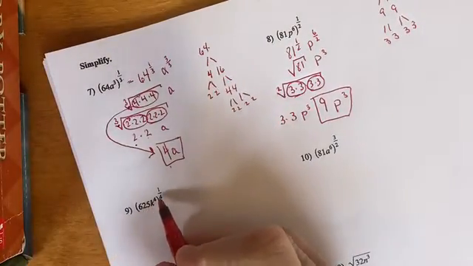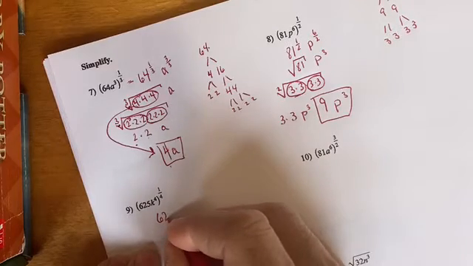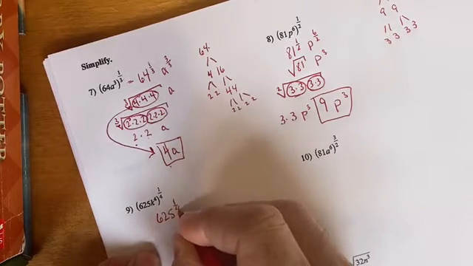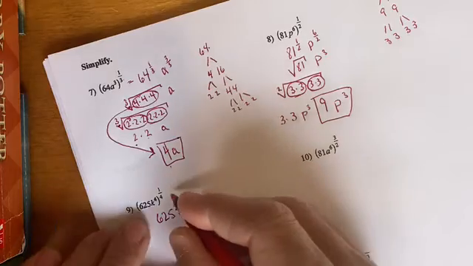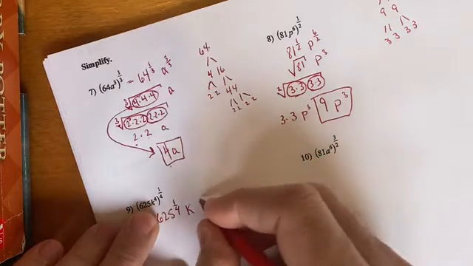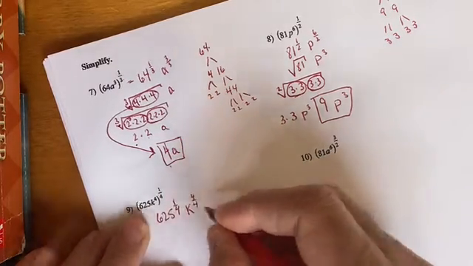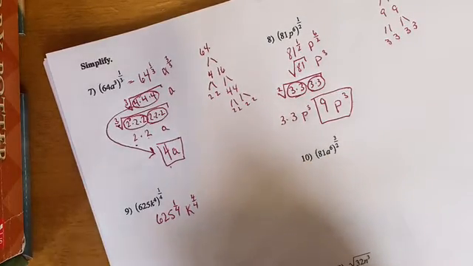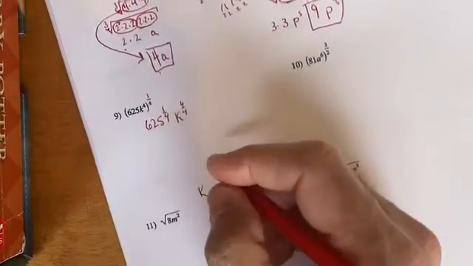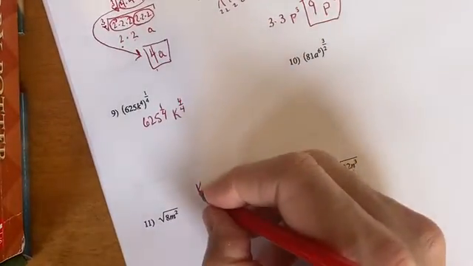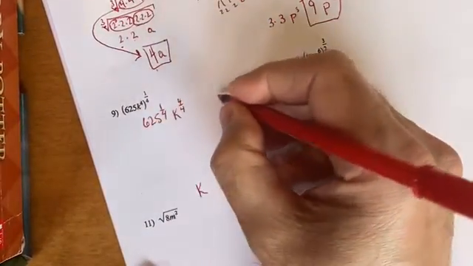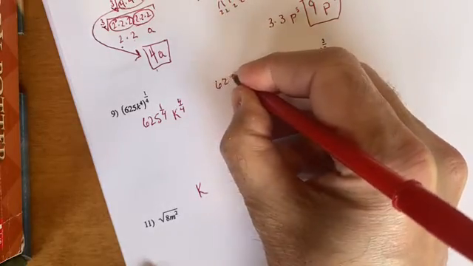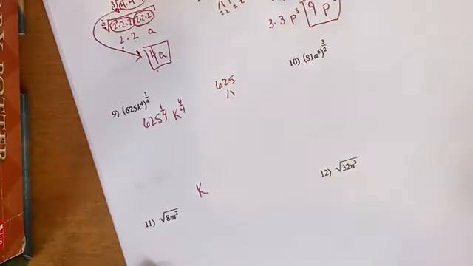Again, 625 to the 1/4 power times k to the 4 times 1/4 is 4/4. So k to the 1st power is going to be the answer. 625, you know, that's a tricky one to separate.